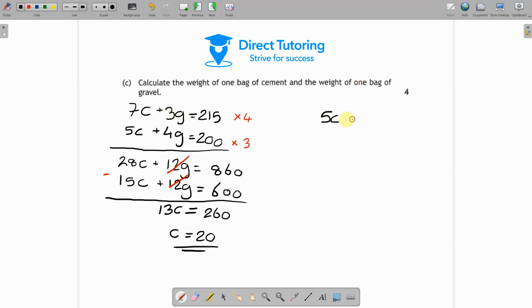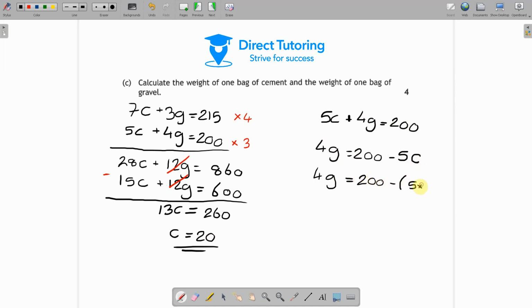So we have 5C plus 4G equals 200. Now, the 4G will equal 200 minus 5C. Now I know the value of C, which is 20. So if I substitute in C for 20, then it's going to be 200 minus 5 times 20.